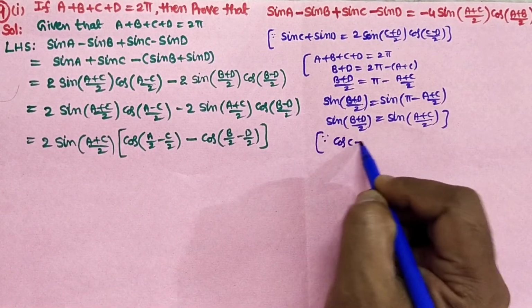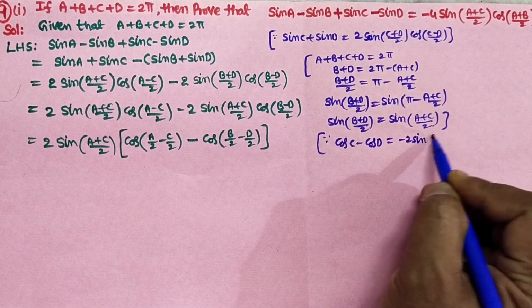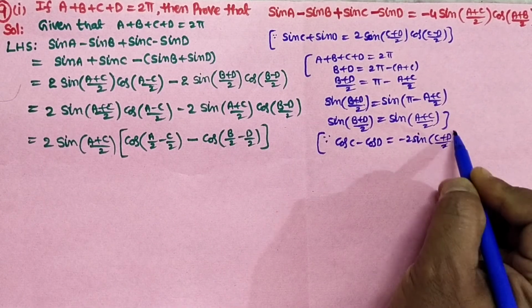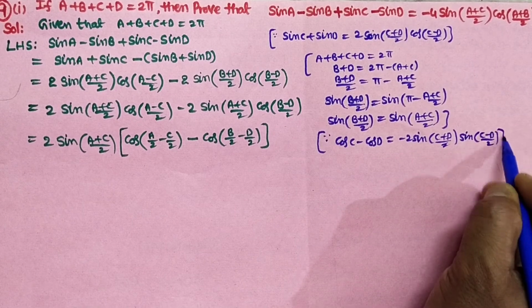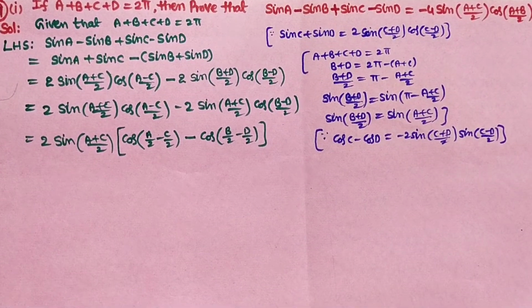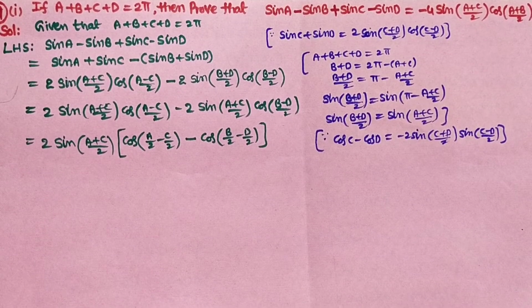Cos c minus cos d is equal to minus 2 sin (c plus d)/2 sin (c minus d)/2. This is the formula for that. So in place of c and d, we put a/2 minus c/2 and b/2 minus d/2.